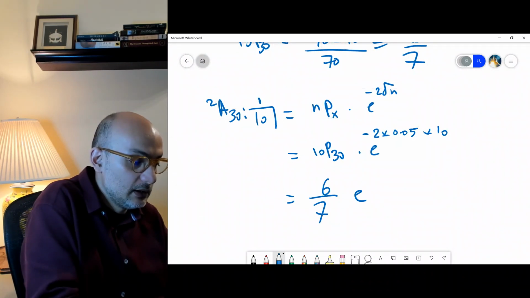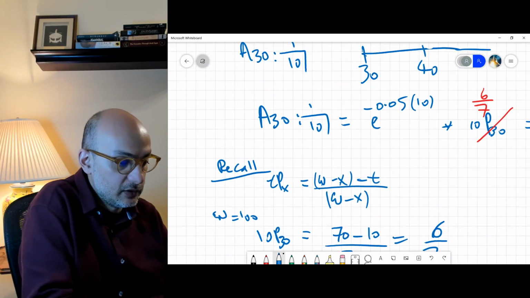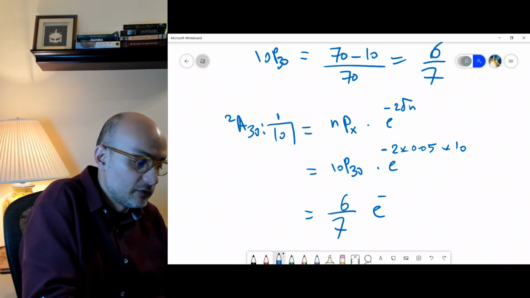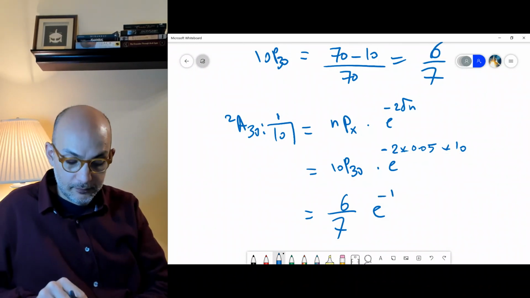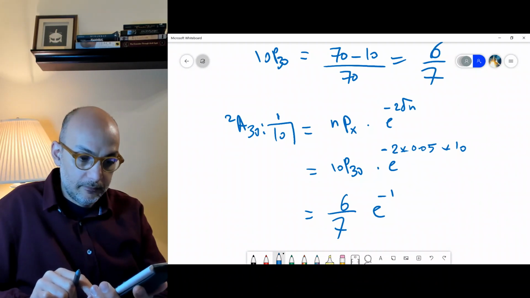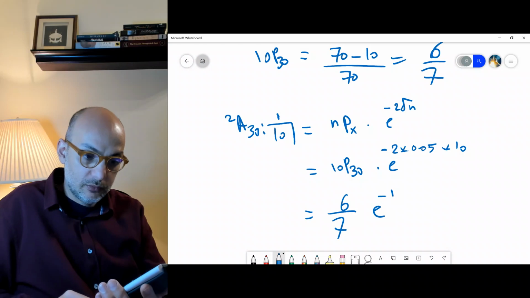Now delta was 0.5, so the exponent will be minus 1. Times 6, then divided by 7, I got 0.3153.